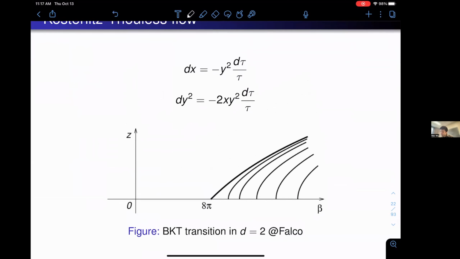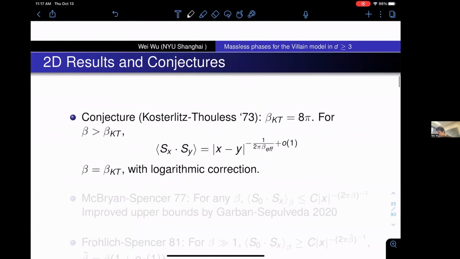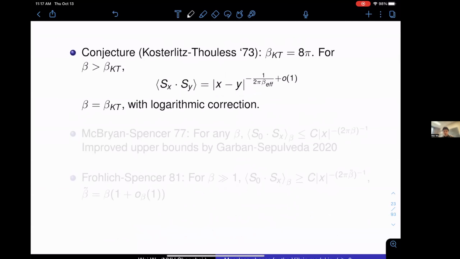Now turning to the side of the rigorous mathematical results, here's a conjecture. We said that at low temperature, the two-point spin correlations should have a free field behavior.